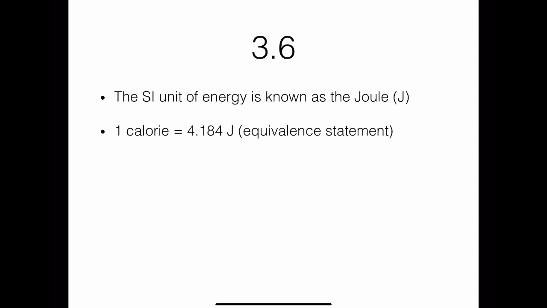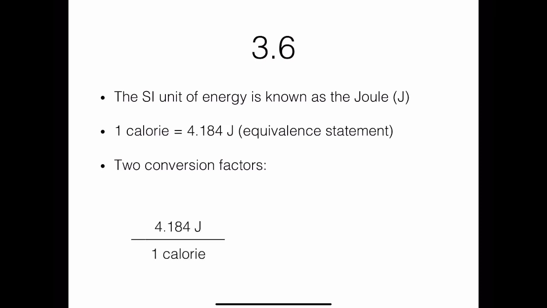So we're talking about small calorie here. 4.184 joules is 1 calorie is our equivalent statement. Remember, every equivalent statement gives us 2 conversion factors, 4.184 joules per calorie or 1 calorie over 4.184 joules. Which one we use is determined by what we're starting from and what we need to convert to, because we want to make sure that whatever unit is on the bottom is the one that we want to cancel out.